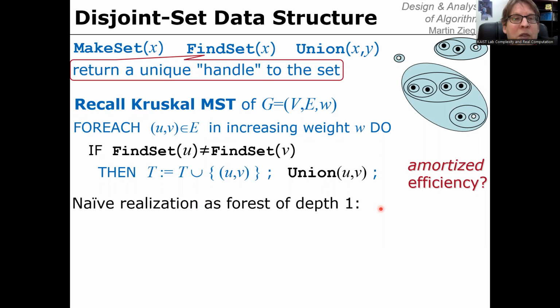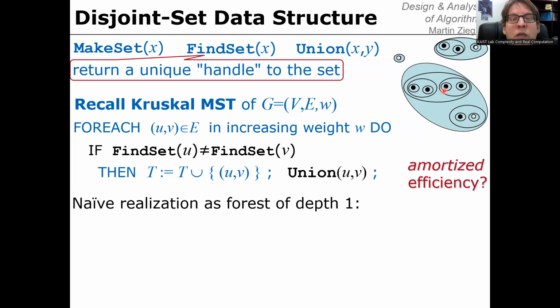Depth 1 is good because then we can execute find set in constant time. Namely, when the user gives us an argument x, this is either going to be a leaf of that forest, or it's going to be a root right away.